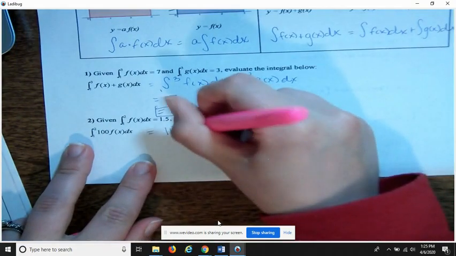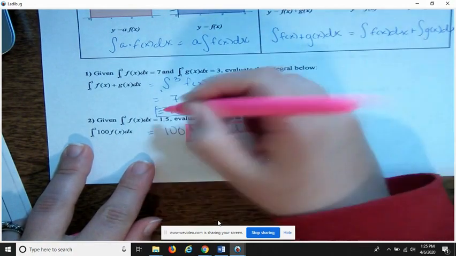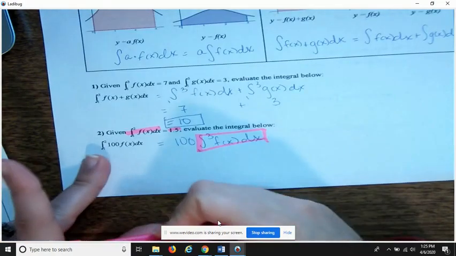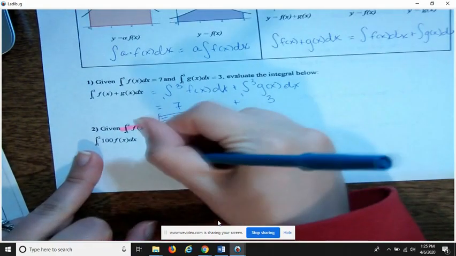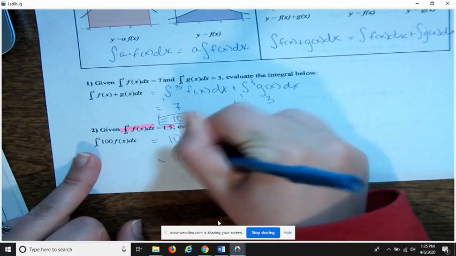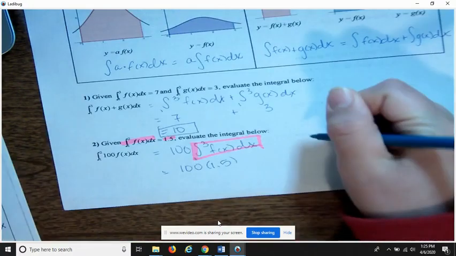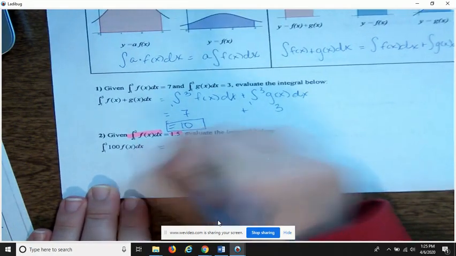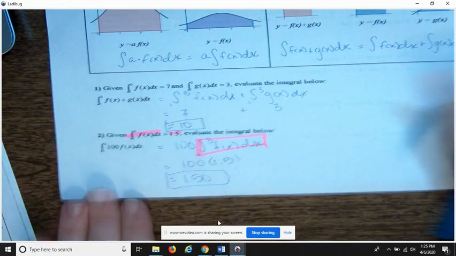Notice that this section right here is the exact same as this, which we know is equal to that. So we can replace the integral with just 1.5. When we multiply those, we should get 150, and that should be our final answer. Those are those two examples in the front.